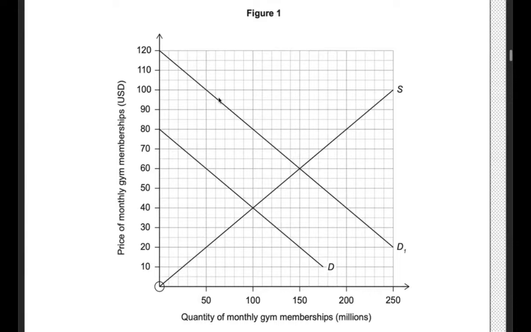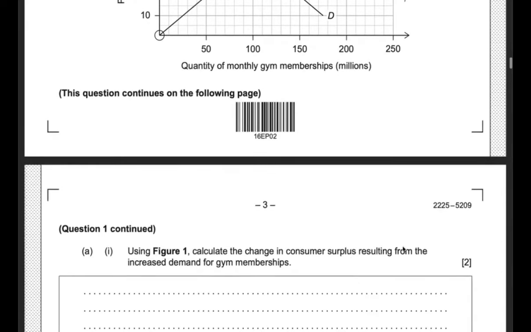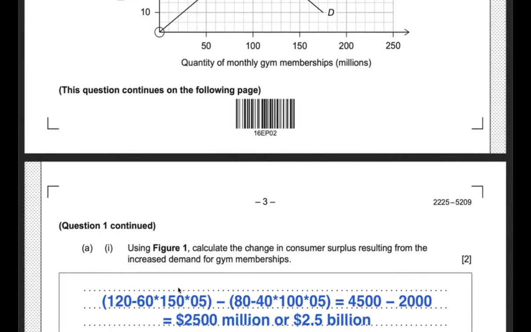So the triangle for the consumer surplus is getting bigger, so we need to find the change. So this is the new triangle, this is the previous triangle, and you find the change. This is the answer.